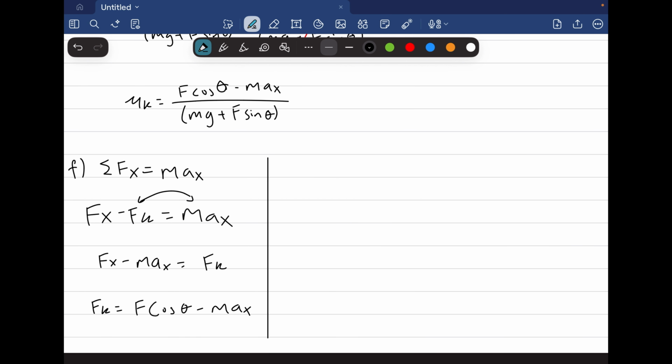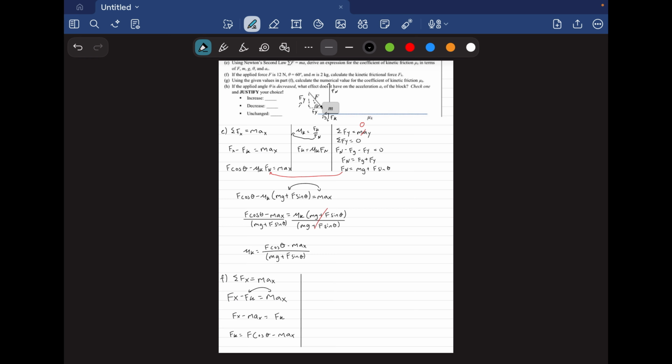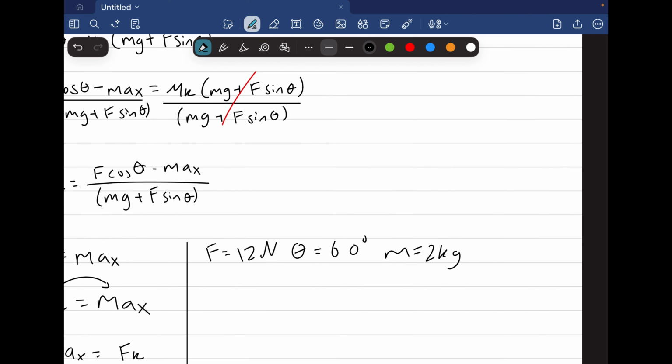So now I'll plug in the numbers. I'll just rewrite the values. There. So I'll plug it in.